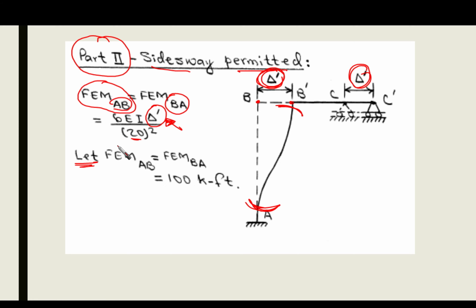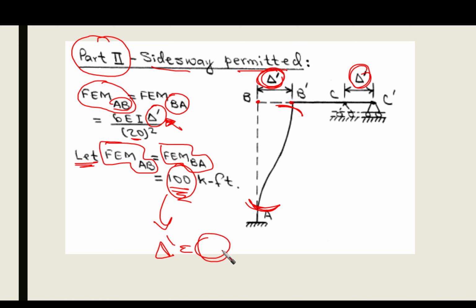So we assume fixed end moment AB, which equals fixed end moment BA, because both of them are the same, to be 100 K-foot. It's an assumption. This means that there is a corresponding delta prime, some value. It's not important to know the value here, but we know that we have assumed the fixed end moments to be 100.